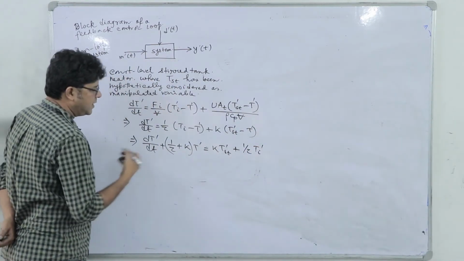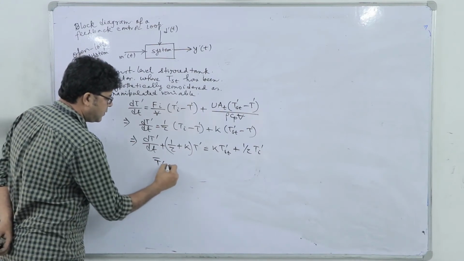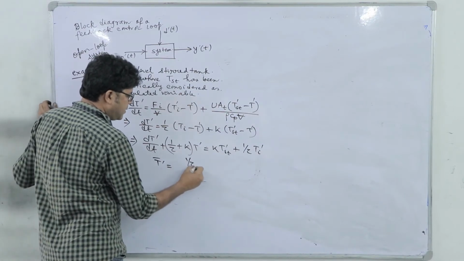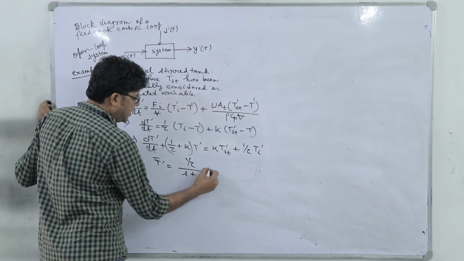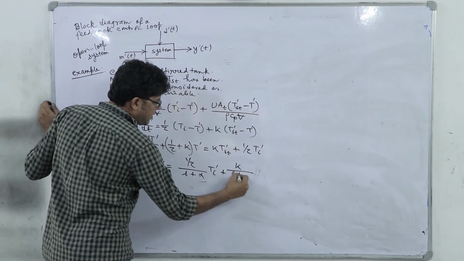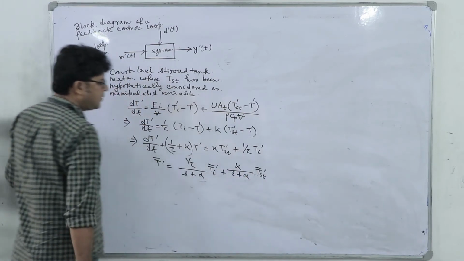So, the transfer function, the Laplace transform, will give you T prime equal to 1 by tau over (S plus alpha) into Ti prime plus K divided by (S plus alpha) Tst prime, right.